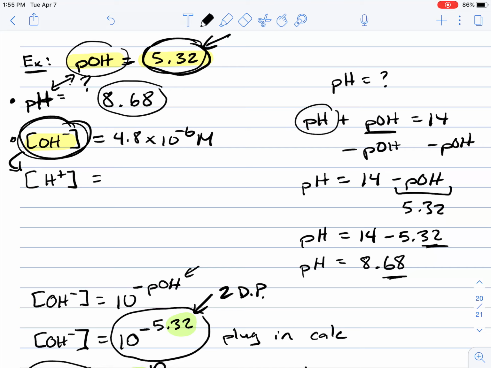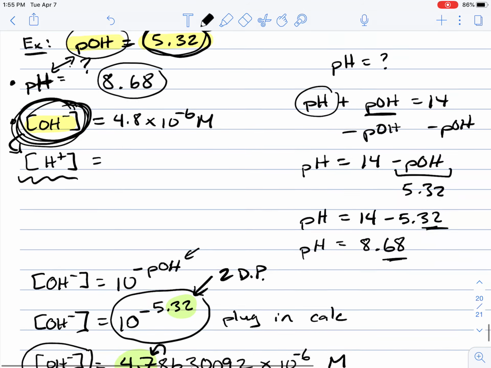You can solve for the concentration of hydrogen ion from this hydroxide, or you can solve it using pH. I'm going to solve it using the hydroxide, just because I haven't used that formula at all in this video lecture, and I want to show you how it's utilized at least one time.